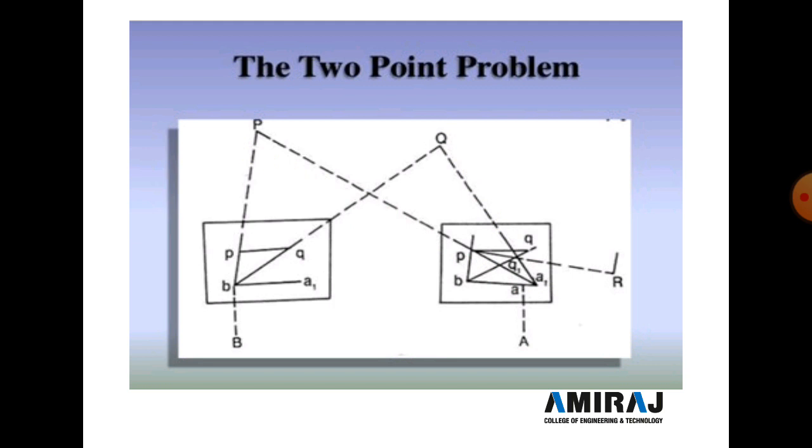The rays intersect at these points, and the distance between these two points is measured by the small scale. Like if this distance is 15 centimeters, then the distance between capital P and Q is 15 meters. So this is the two-point problem.